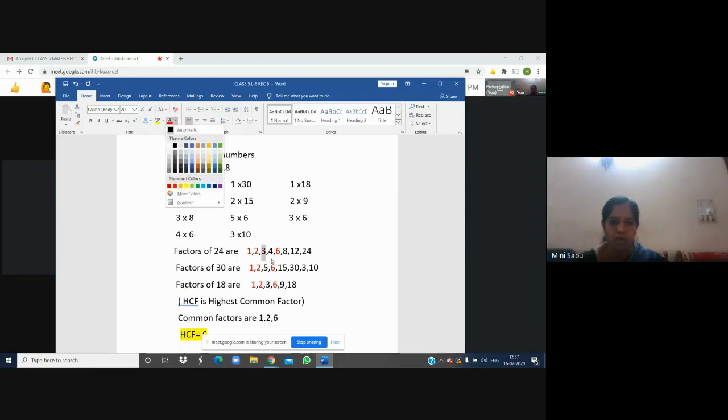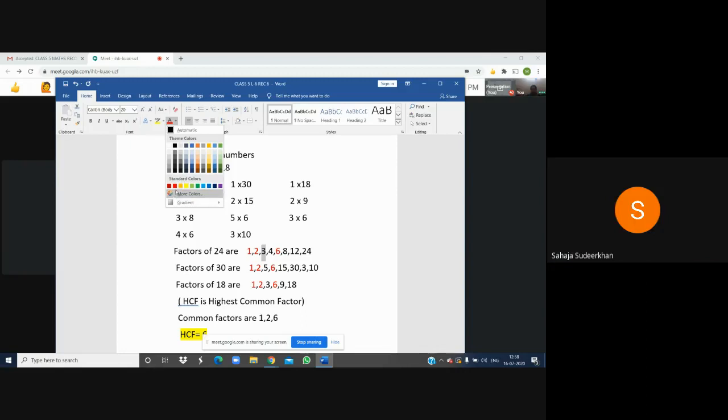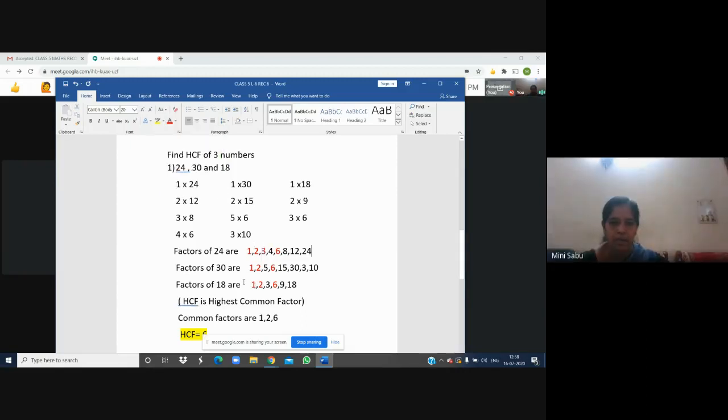This 3 is common, and this 3 is also common. Are you understanding? Yes, ma'am. 3 is there in all. And 6 you can see everywhere, in all the lines: 6, 6, 6.